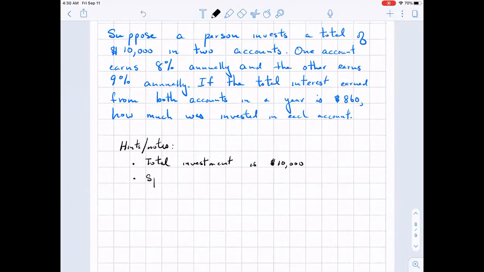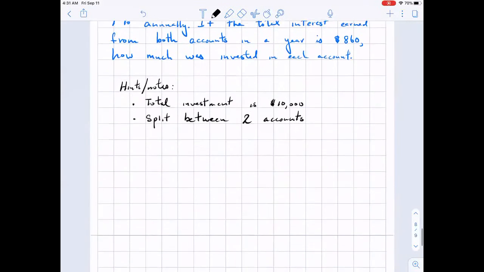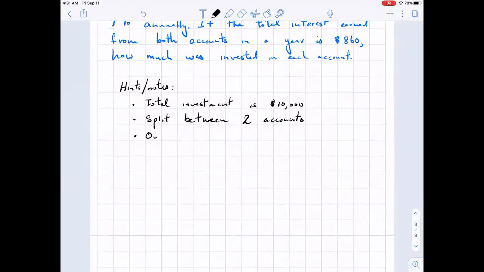This is split between two accounts. One account earns 8% or 0.08.